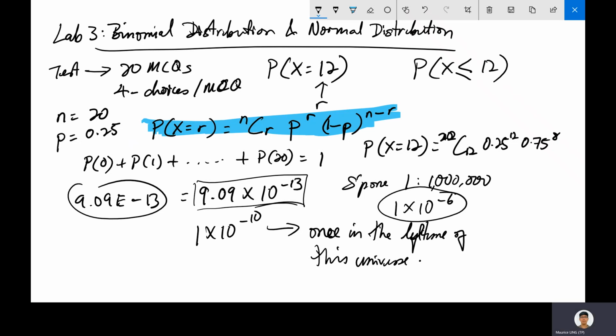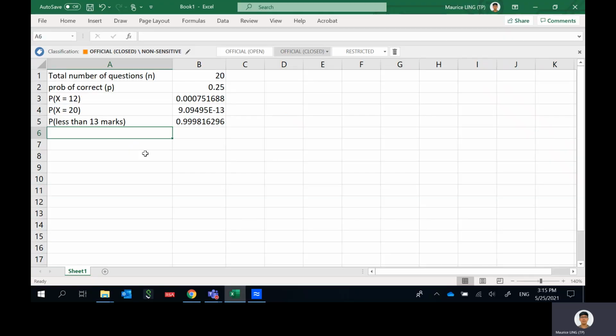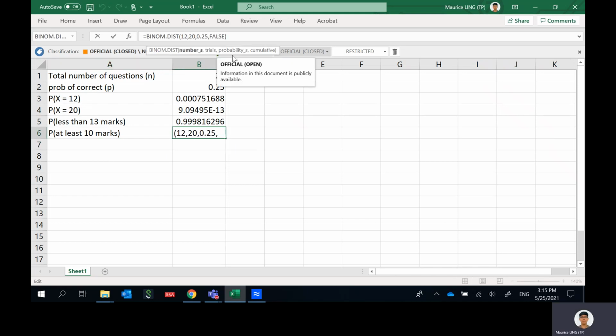Okay. So now, which also means that if you do your random multiple choice questions and you want to pass, you need to get at least 10 marks, right? So you want the probability of getting at least 10 out of 20 marks.